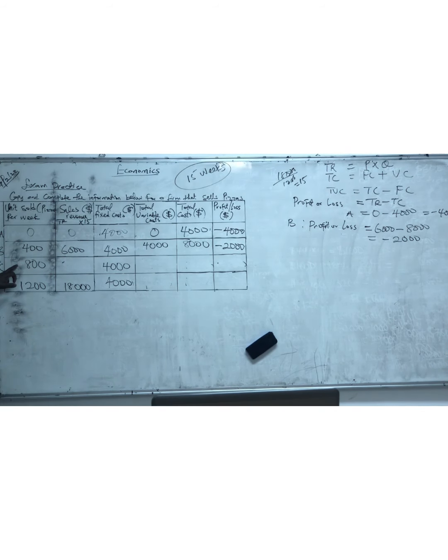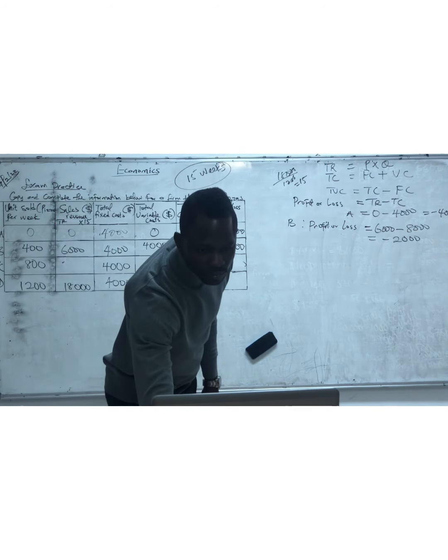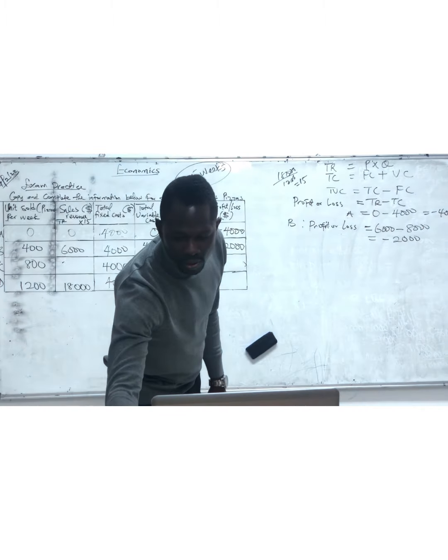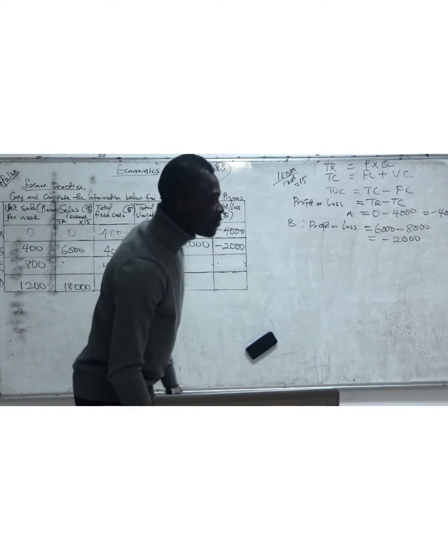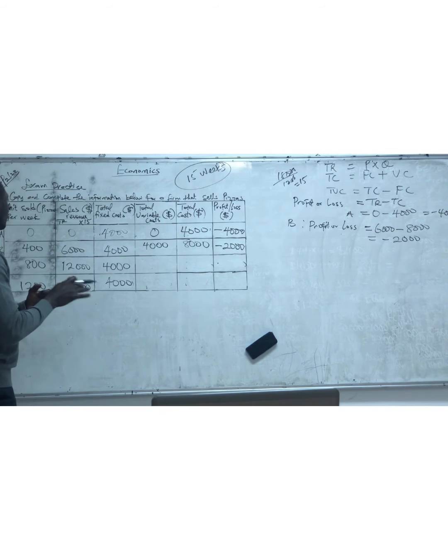The third one. 800 multiplied by 15. It's what? 800 multiplied by 15. 12,000. So if this is the sales revenue, the total revenue is 12,000. Then what will be your total cost? We know our fixed cost to be this.